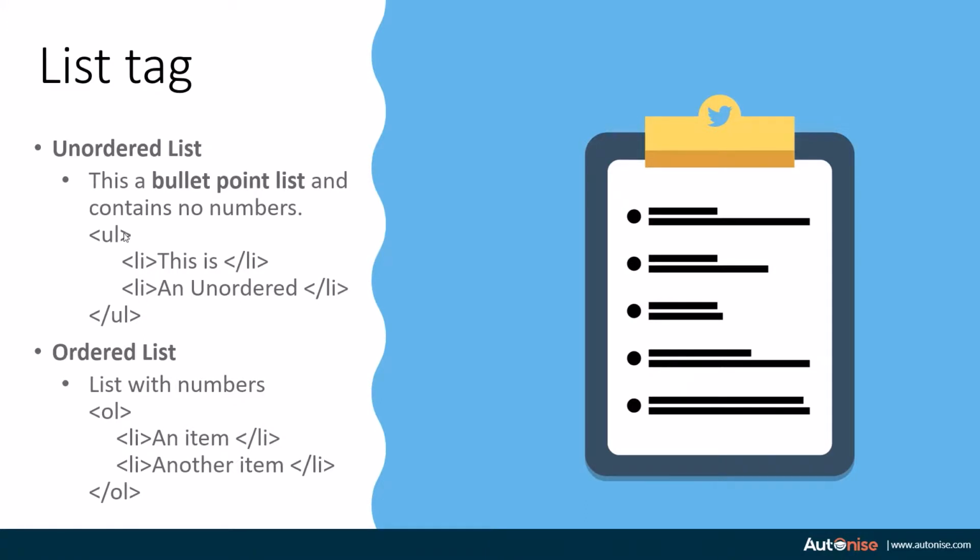So the major difference in creating an unordered list and an ordered list is that for an unordered list, you begin with the UL, and while creating each item, you start with the li tag. While creating an ordered list, you start with the OL tag, and similarly, you put the li tag to denote each item. So this is it about the list tag.